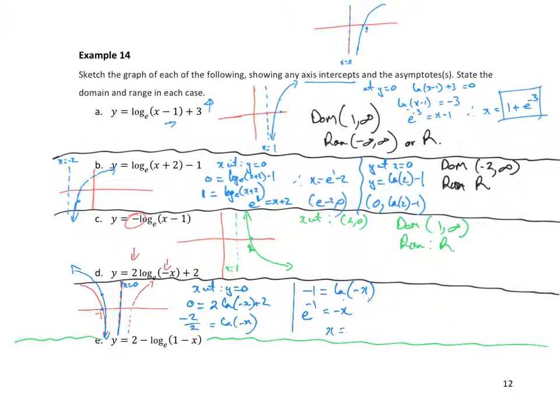So x is equal to negative e to the minus 1. So there's my intercept. The domain of my graph from the reflection, we can see it's from minus infinity to 0. The range of my graph is still R.